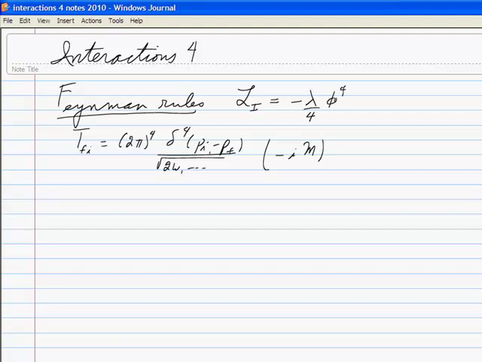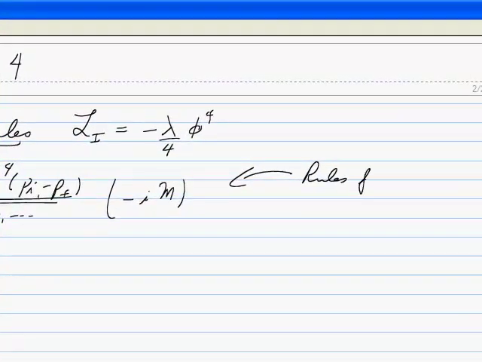That's the amplitude that will go into things like cross sections and decay rates. And these are the rules for minus iM. Minus iM will be given by these rules.